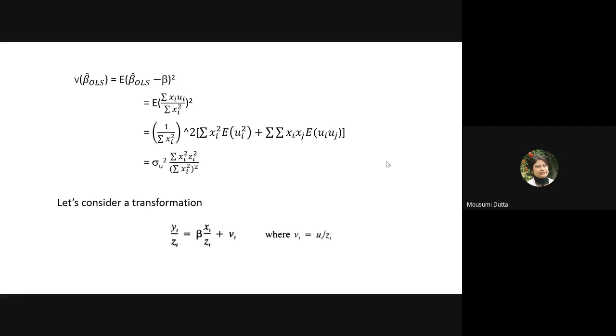Under certain circumstances, it becomes difficult to have economic interpretation of transformed variables.